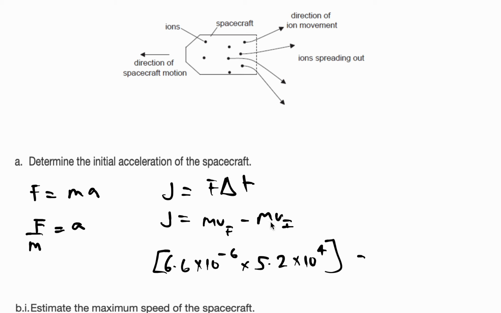Because the velocity is 0, as the ions are initially at rest, as it states in the question. So minus 0, that gives us J. Okay, if we put this on our calculator, what do we get? Impulse is equal to 6.6 × 10^-6 times 5.2 × 10^4. So we get the impulse J is equal to 0.3432.